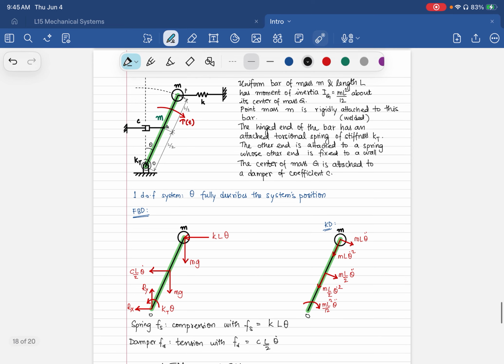Oh, I did forget something. I forgot that there's an external torque. It's an oversight. This here is tau of t.